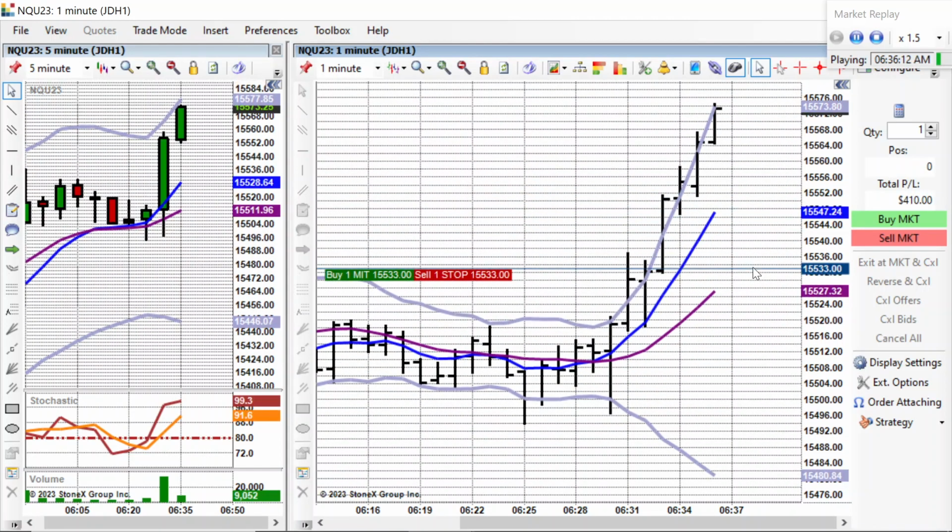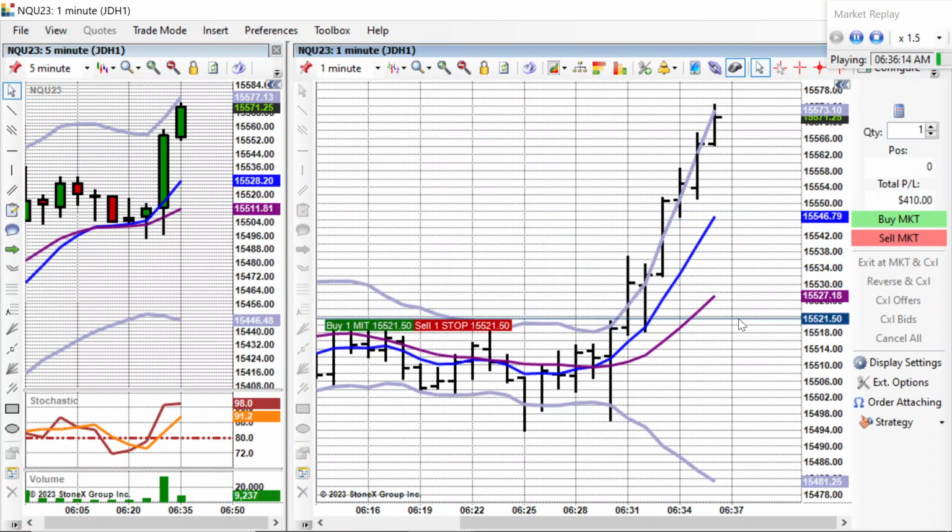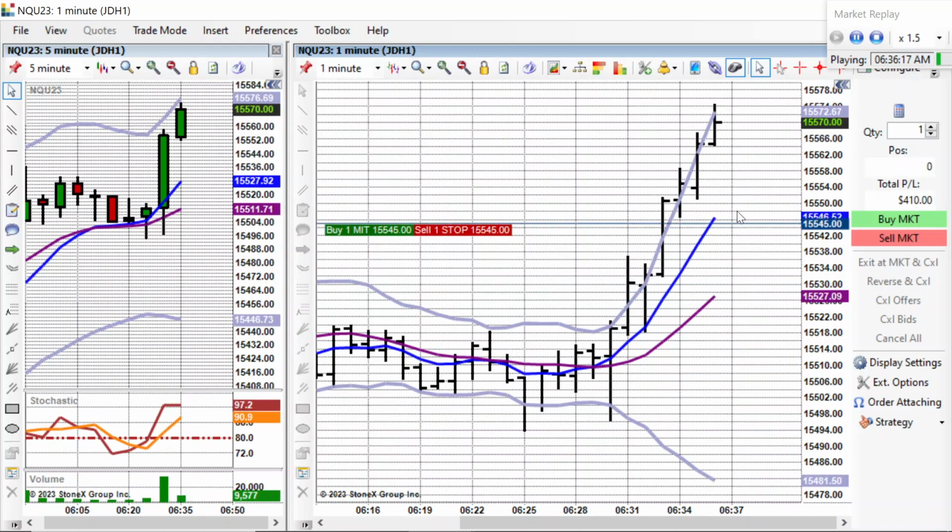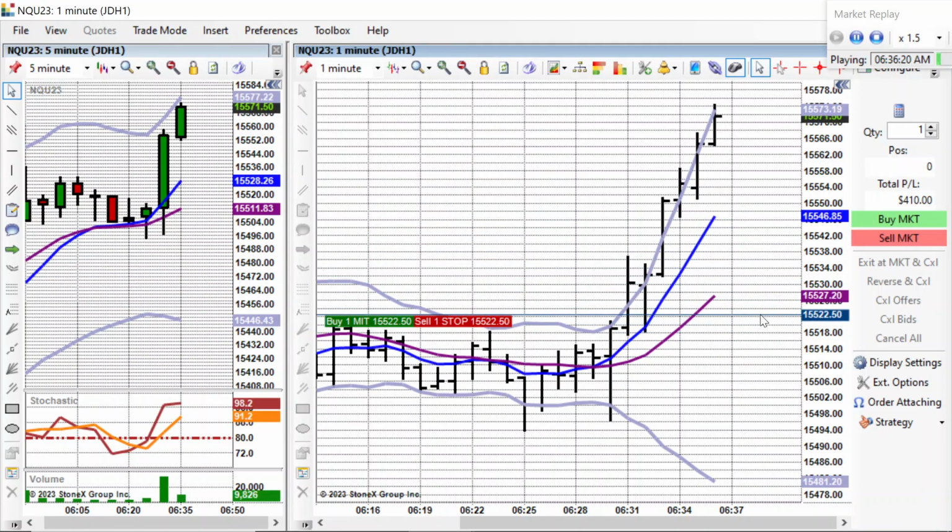And then when you get the whole combination of the 8 EMA line crossing the purple line, that's a significant indicator of trend change. And in a trading range, you would take one trade each side of that.